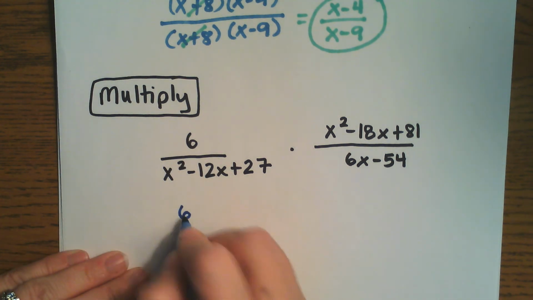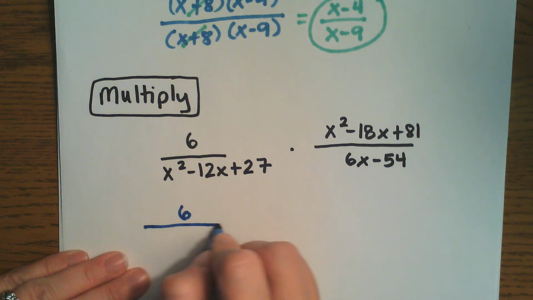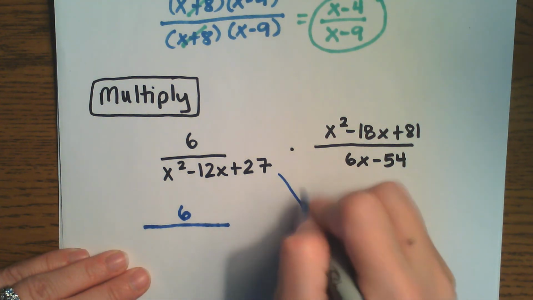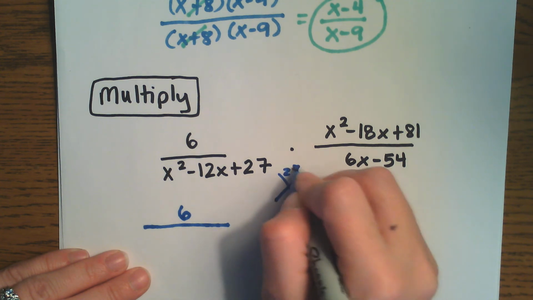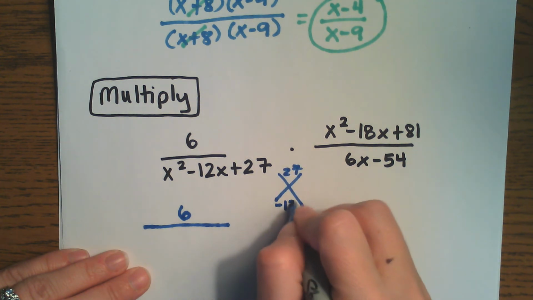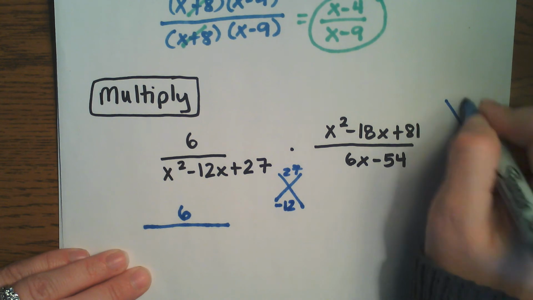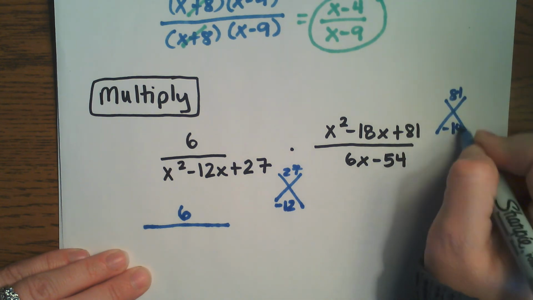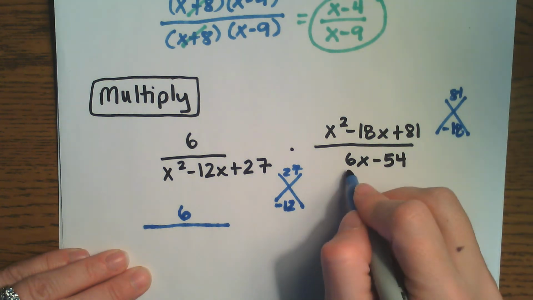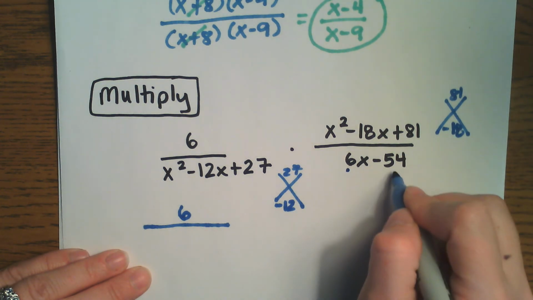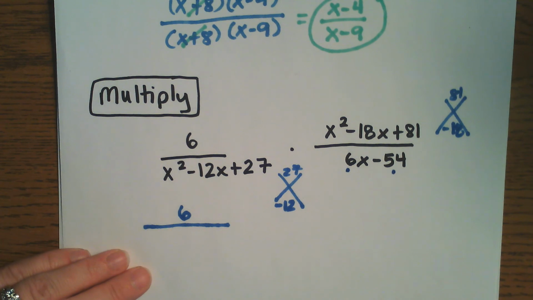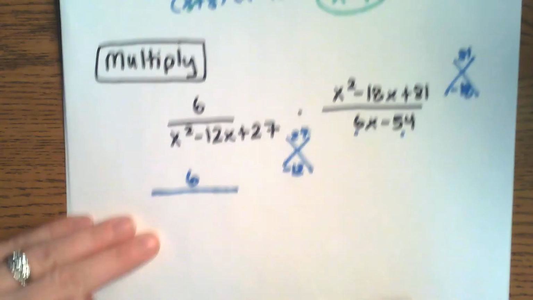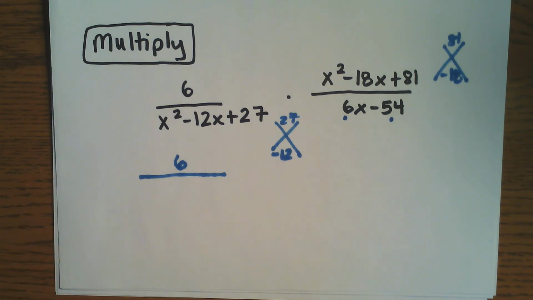I can't do anything with that. It's just a number. It's just going to hang out up there for a while. I will be able to find factors of 27 that add to negative 12 and factors of 81 that add to negative 18. On the bottom here, we'll find a common factor that we can divide out. So I want you to take just a minute and think about those, and I'll ask you for your input.